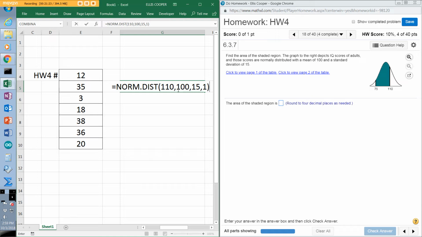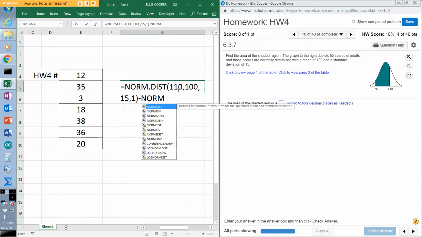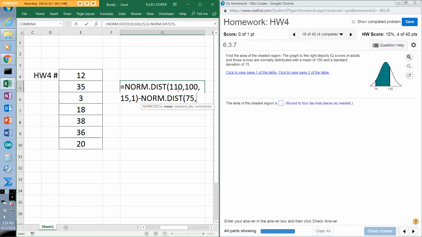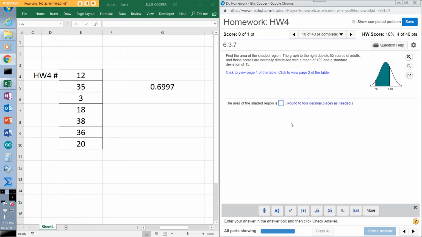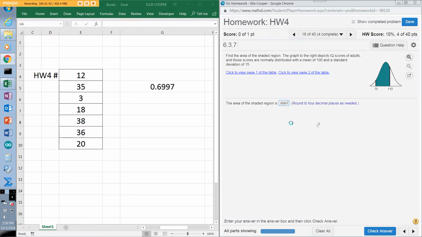Don't press enter yet, because now we want to subtract NORM.DIST at 75 for 100 mean and 15 standard deviation, and 1 on the right end. And we got an answer. And I think it's 0.6997. And that's how easy that is.